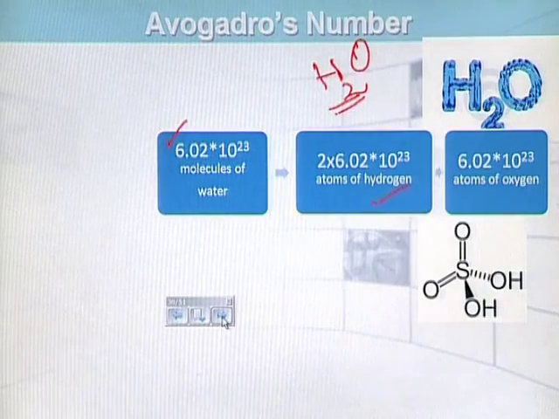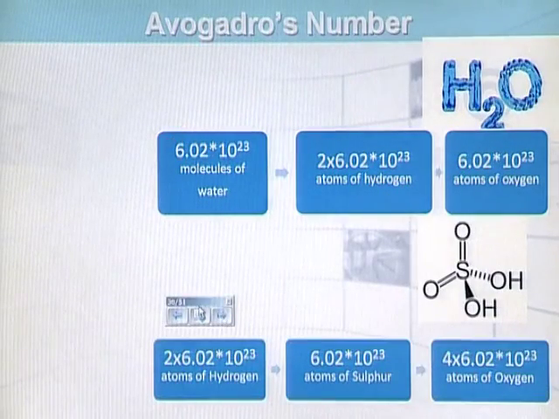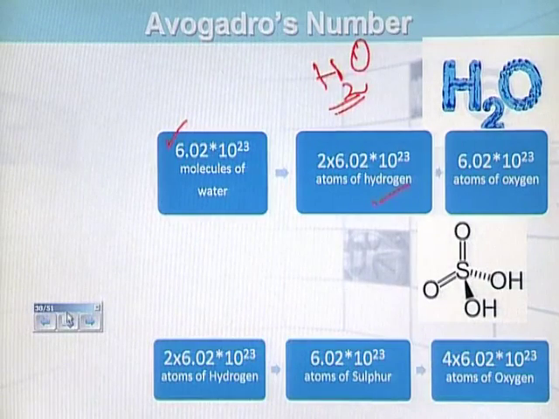H2SO4, sulfuric acid. Sulfuric acid की बात करें तो sulfuric acid के molecule में there are two hydrogen atoms. 2 hydrogen atoms हैं, तो इनकी quantity अगर define करनी हो in terms of Avogadro's number, so I'll say 2 times the Avogadro's number are there, the quantity of hydrogen atoms in 1 mole of sulfuric acid.